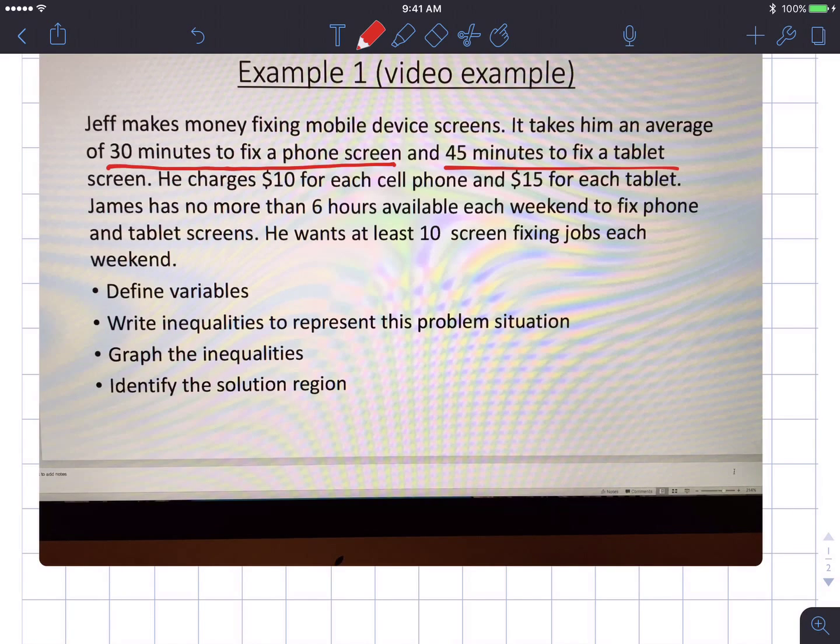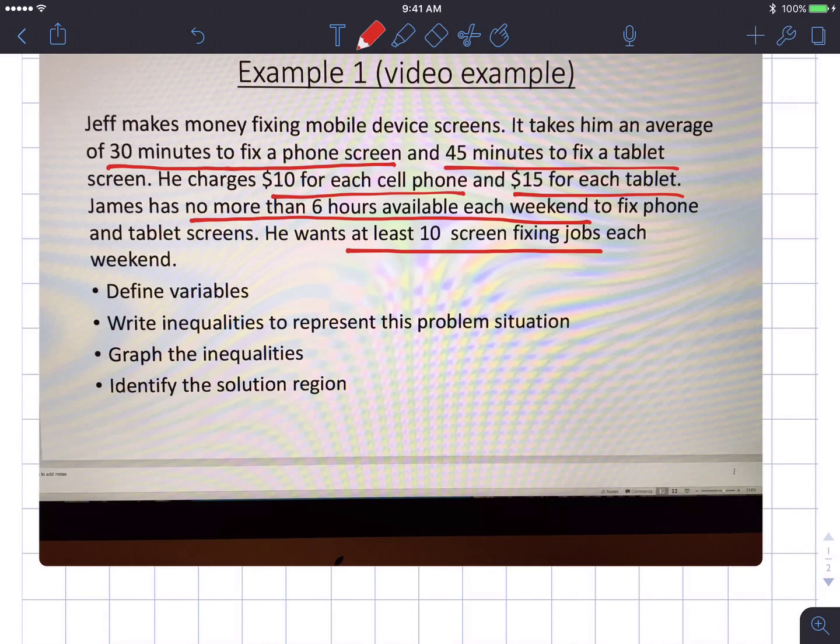He charges $10 for a cell phone, $15 for a tablet, has no more than 6 hours available each weekend. He wants to work at least 10 screen fixing jobs. Now, this is just important information that I thought. You might have something different, and it also doesn't mean that we're going to use every single piece of information.